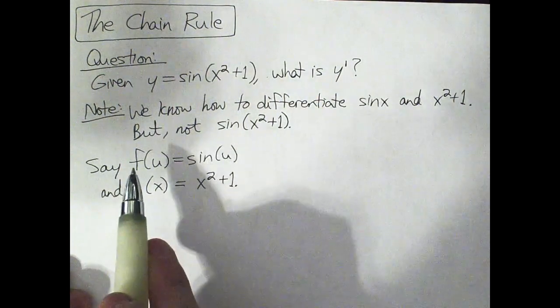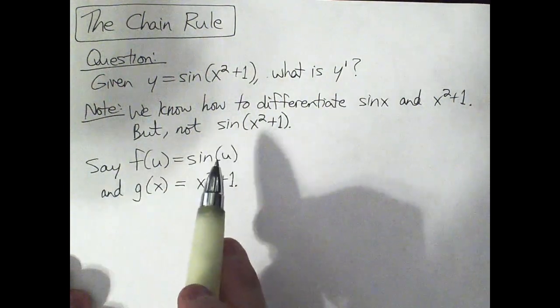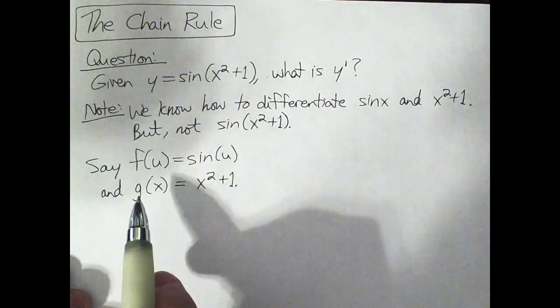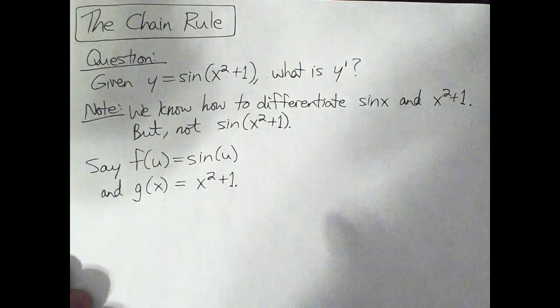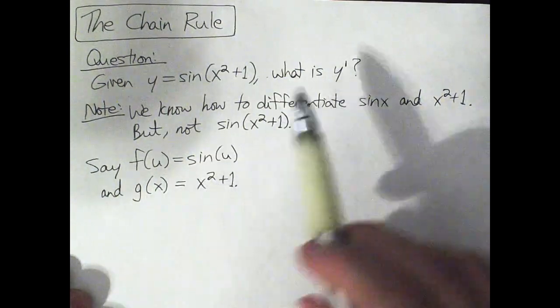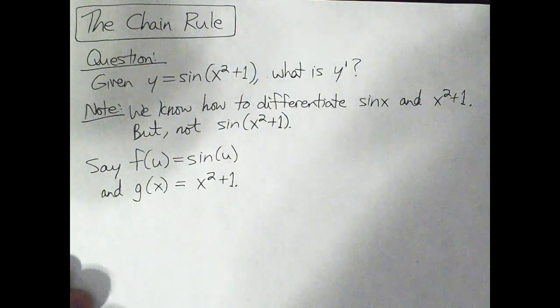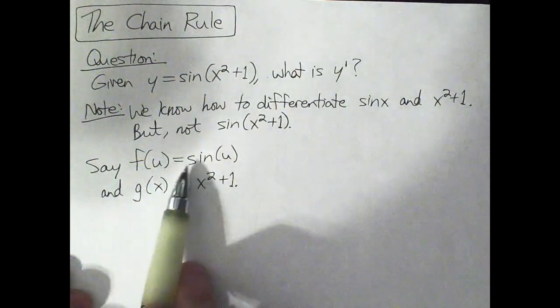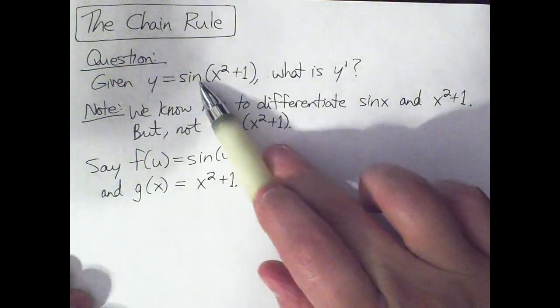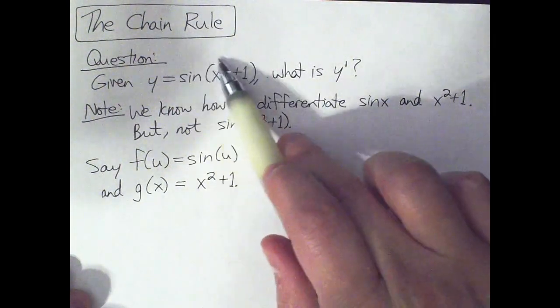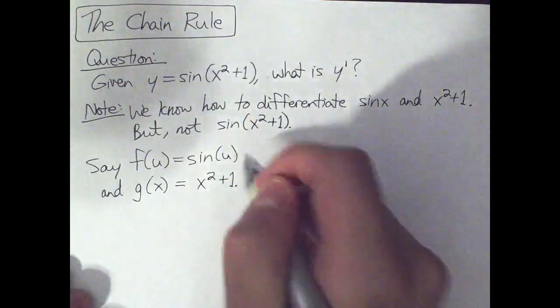So if I introduce a function called f of u, and I let it be sine of u, and I introduce g of x, and I let it be x squared plus 1, I'm letting g of x be the sort of inner function, the part that's in parentheses. And I'm letting f of u be the sort of outer function, the thing that's on the outside of the parentheses.